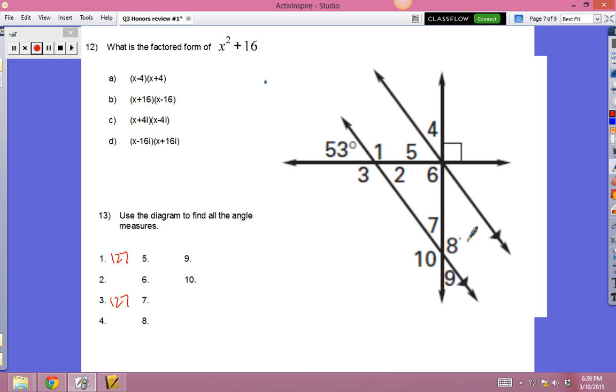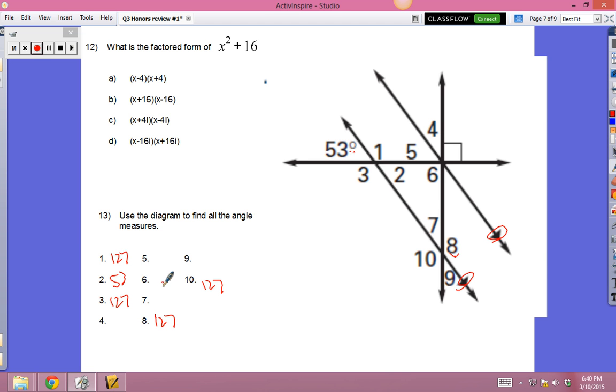Angle number 8 is corresponding because these lines are parallel, so 1 and 8 are the same. 8 is 127. 8 and 10 are the same, so 10 is 127. 2 is the same as 53 because they're vertical angles. So 2 is 53.